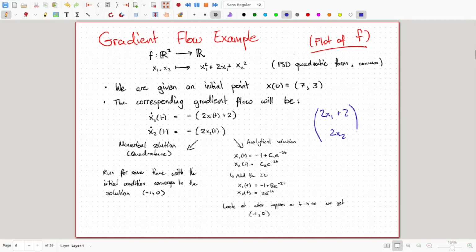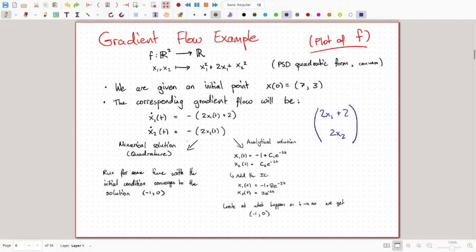So this is what our gradient looks like. And you can see we've put our x1 gradient component here, and that's the time derivative of the x1 component, and we put the x2 time component gradient in here, and that's for this coordinate. Okay, so once we have this system of ordinary differential equations, we have two things we can do next.